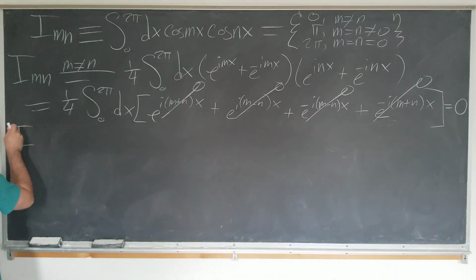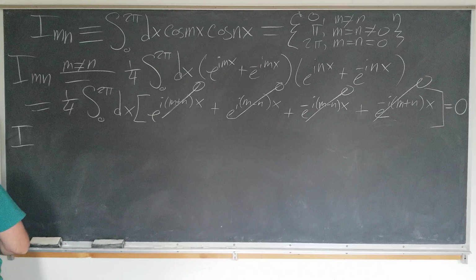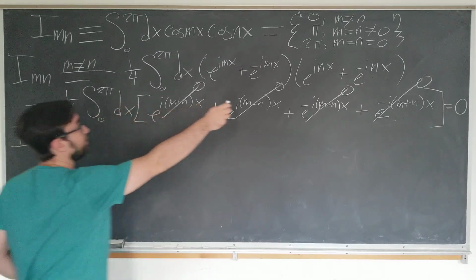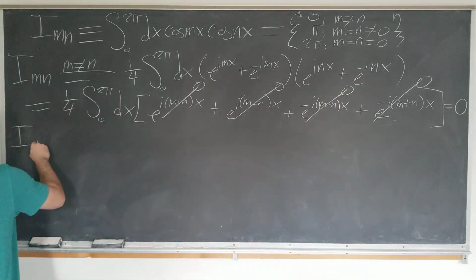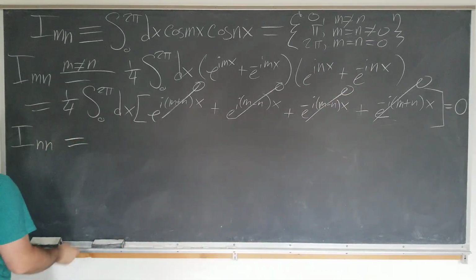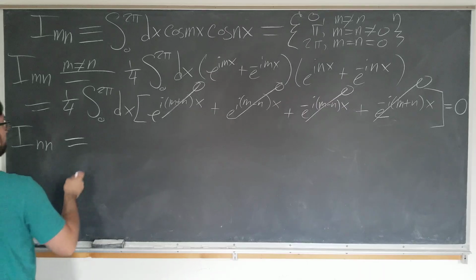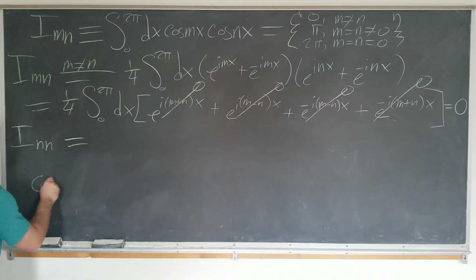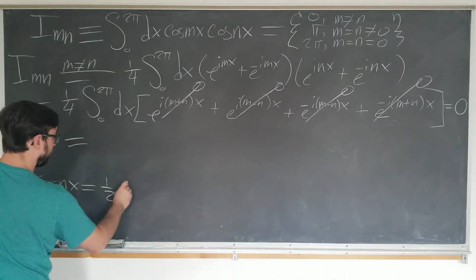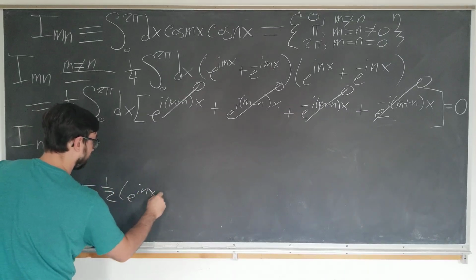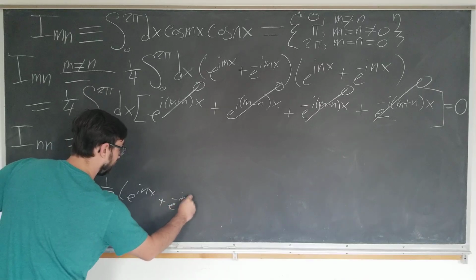So if we now consider the case m equals n, not equal to 0, I'm going to consider I n n now. Well, this is just, so we had the cosine formula. We need cosine nx now, just 1/2 times e to the inx plus e to the minus inx, of course.